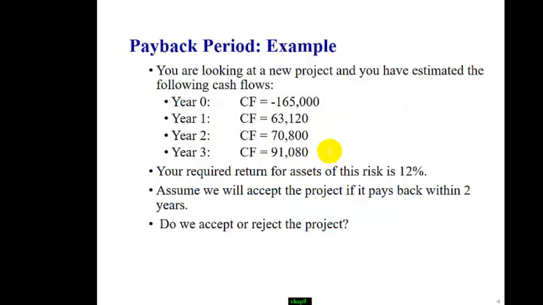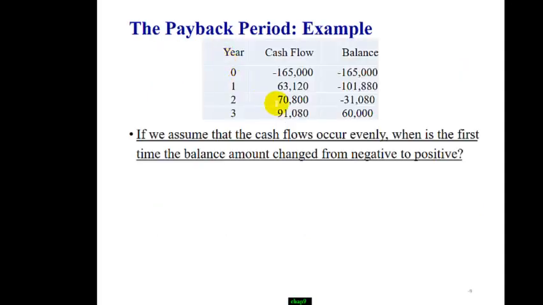Let me show you one example. We will go back to the same example, with the same cash flows. The company will accept if the payback is within a 2-year period. To figure out the payback period, let's first create a balance column.